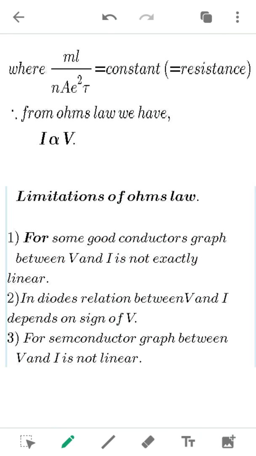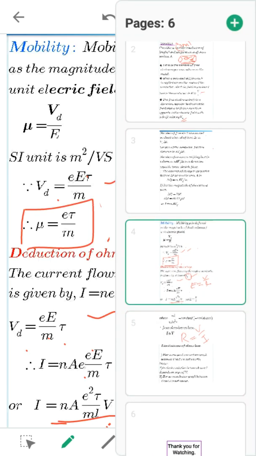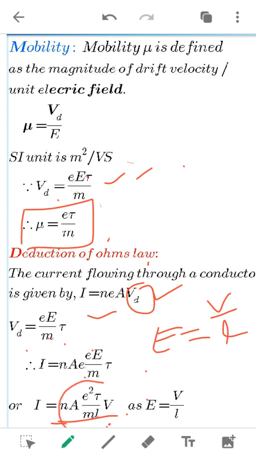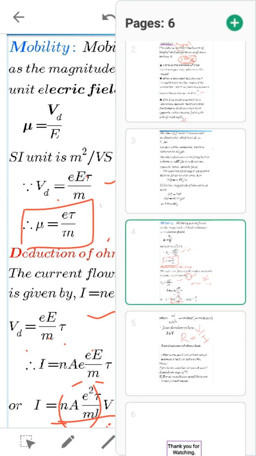Now what is the resistance equation? V by I. So whatever is the constant value here, V is equal to, this completely is taken as the resistance.